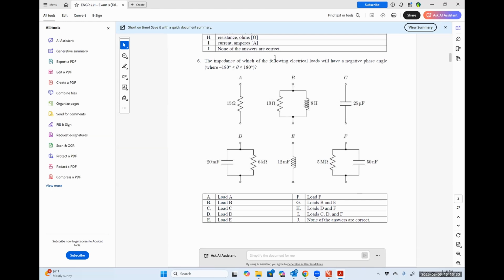The impedance of which of the following electrical loads will have a negative phase angle. So C has a phase angle of minus 90 degrees. D has a phase angle somewhere between 0 and minus 90. And F has a phase angle somewhere between 0 and minus 90. And I can see that just by looking at them because I know what my power factor angle relationships are.